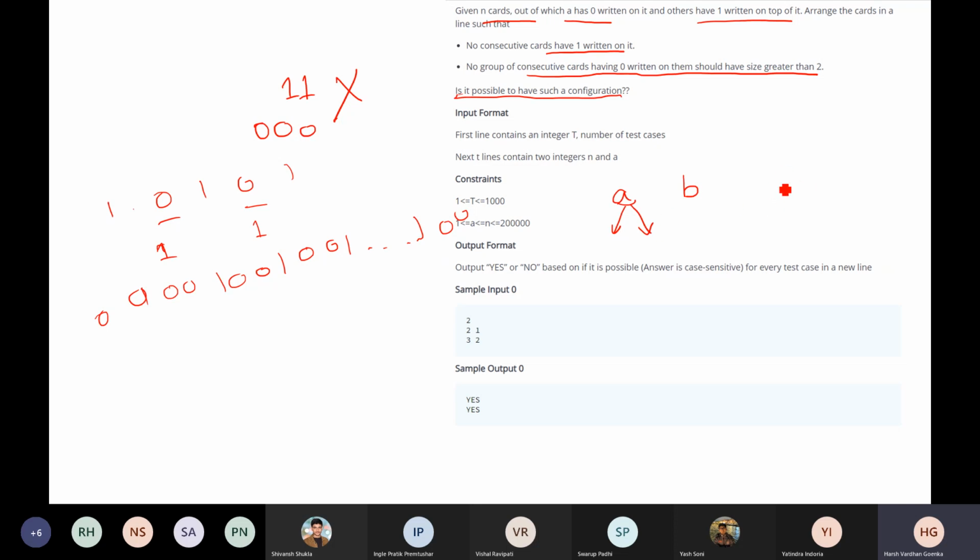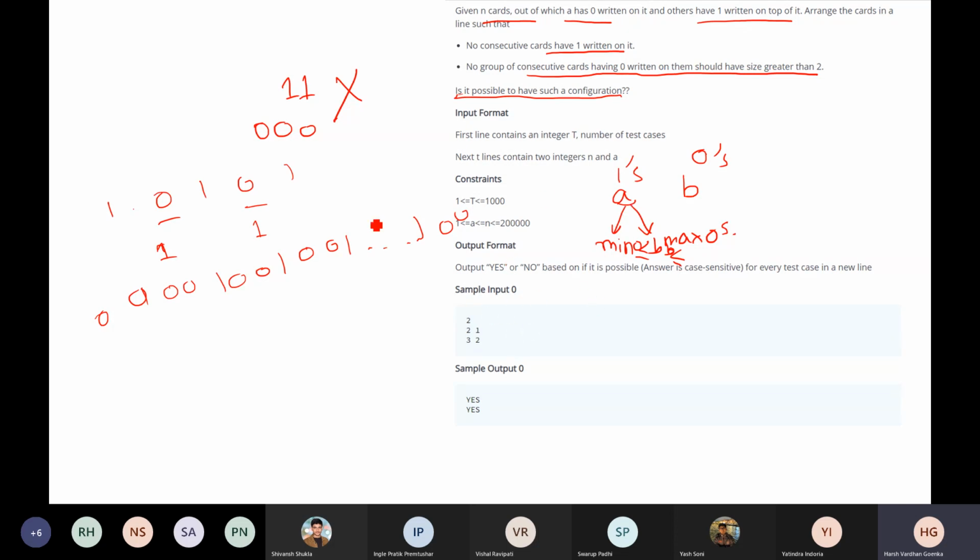Or we can fix the number of zeros and find the minimum and maximum number of ones. Then we just check that b must lie between this range, so that a particular arrangement exists.